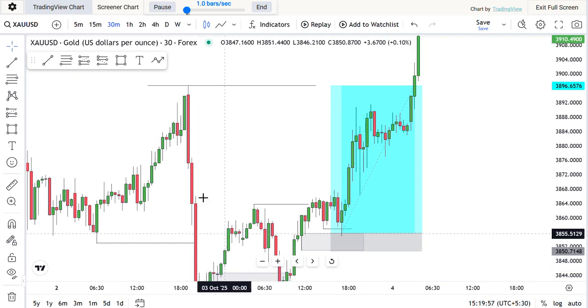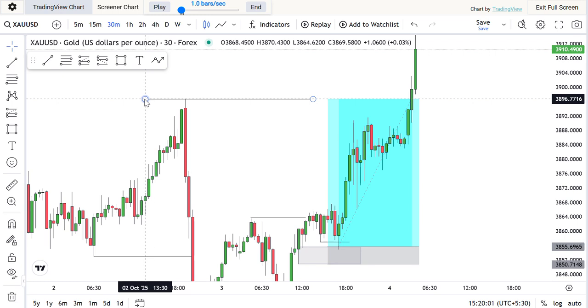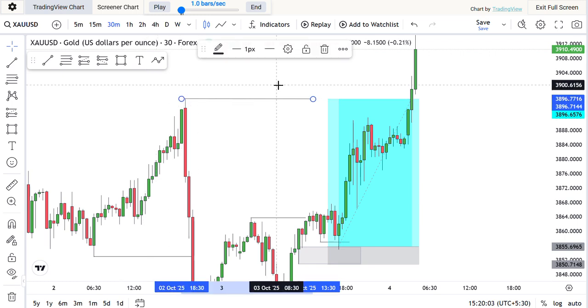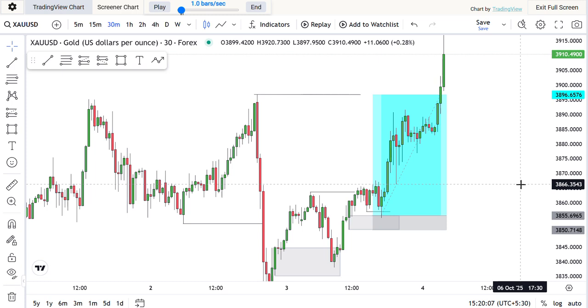So the price just goes ahead and takes out this high. So we've taken out this high now, and the next thing is to expect a new structure. So that is what XAUUSD has done.